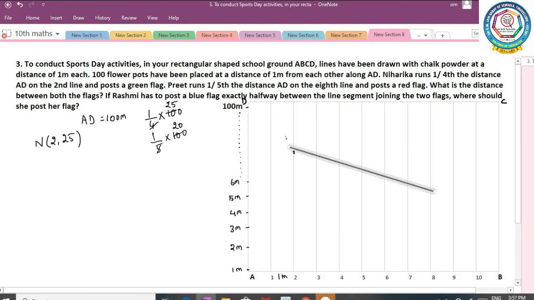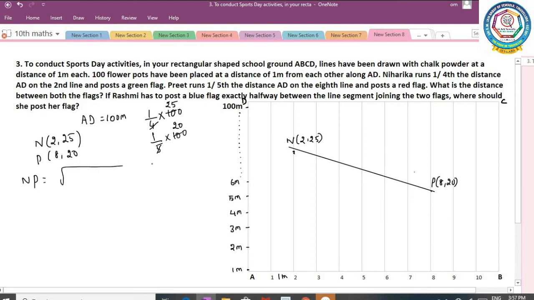So this is Niharika's position, that is 2 comma 25. Then Preet's position is P of 8 comma 20. So P of 8 comma 20. We have to find out the distance between the two points. So we have to apply the distance formula.